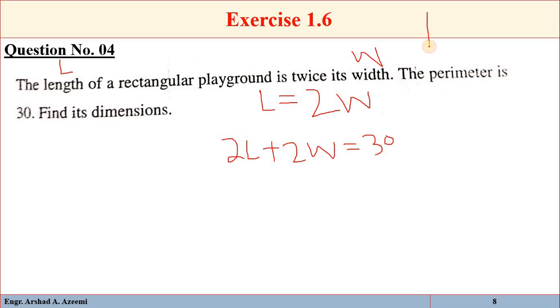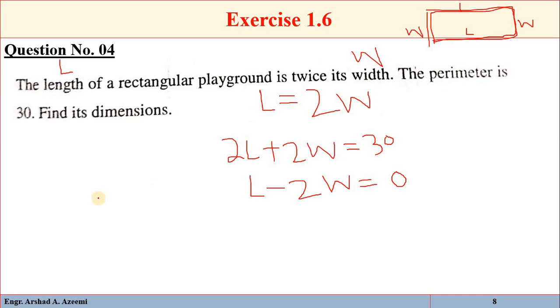Suppose we have a rectangular playground: this is the length, this is the length, this is the width, this is the width. So the perimeter is length plus width plus length plus width, so 2 times length plus 2 times width. And the other equation can also be written as L minus 2W is equal to 0.